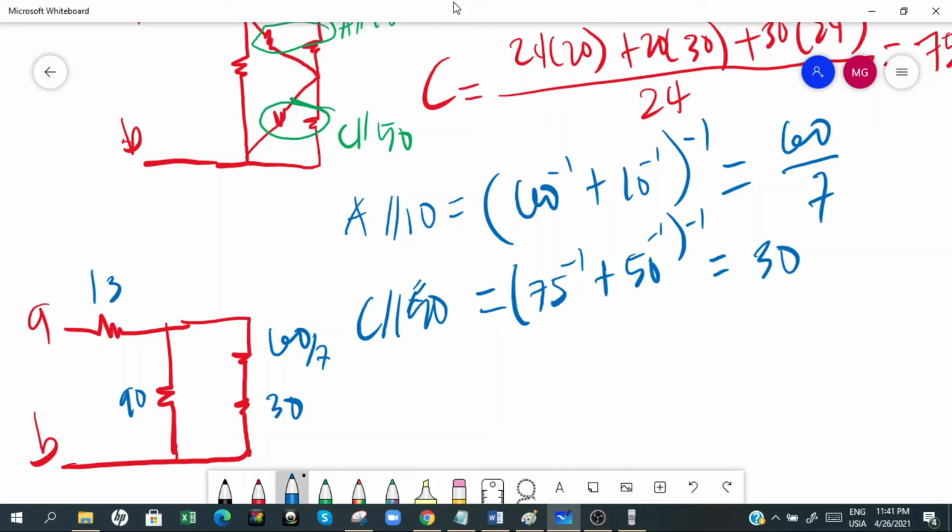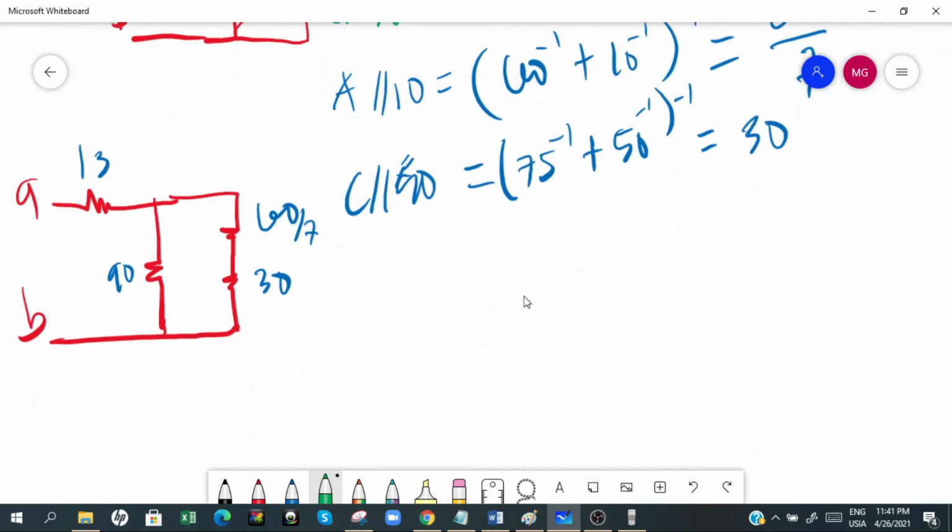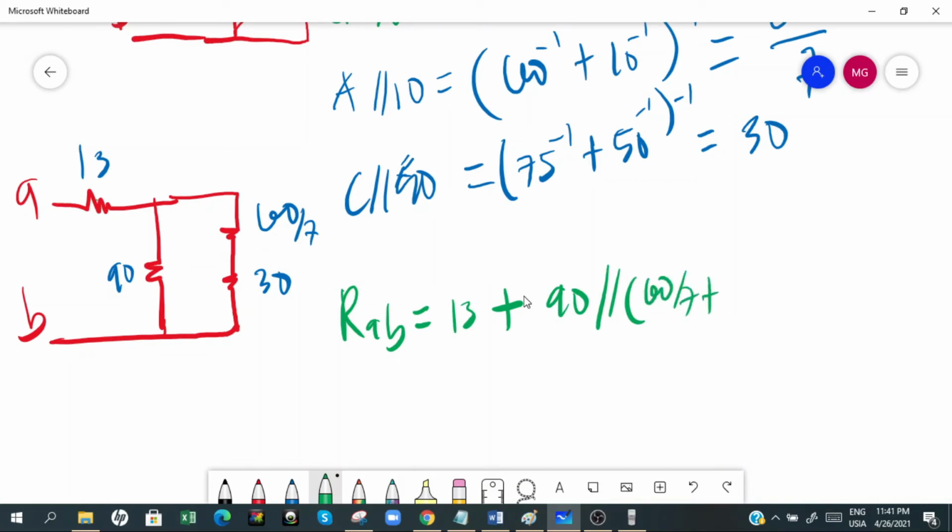Now since this is very easy to look at, when you actually think of solving it, these two in series combination are in parallel with 90, then again in series with 13. So if you want to find RAB, it is 13 plus the parallel combination of 90 and 60 over 7 plus 30.